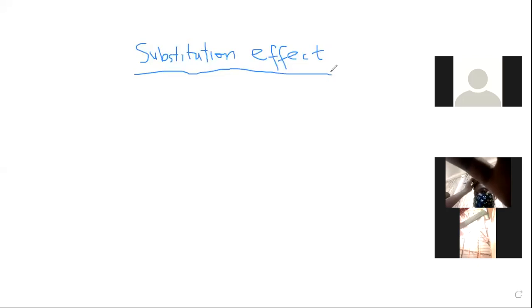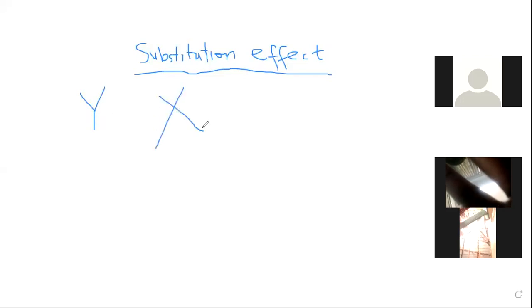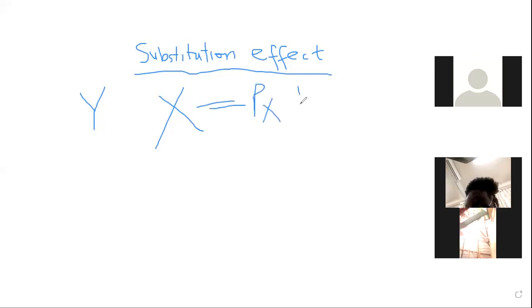Good. So to explain this, we're still assuming that we have two commodities, commodity Y and commodity X. The price of commodity X goes down. So PX falls.